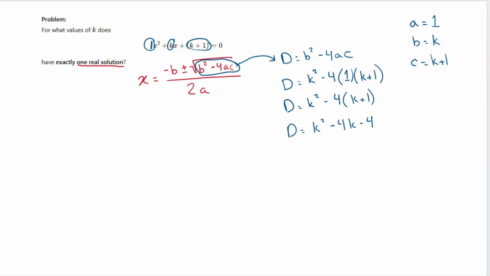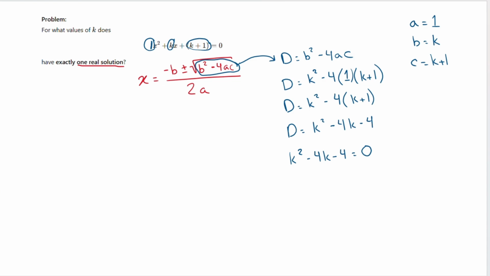Now we can solve this for the values of k that give us one real solution. When d equals 0, so k squared minus 4k minus 4 equals 0, that's when we have one real solution, and now we can solve for k.